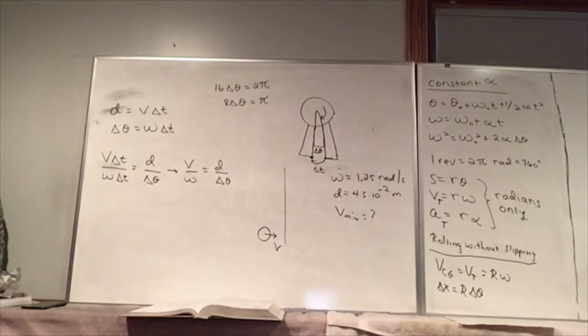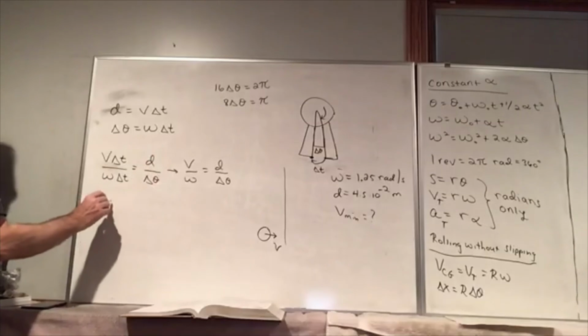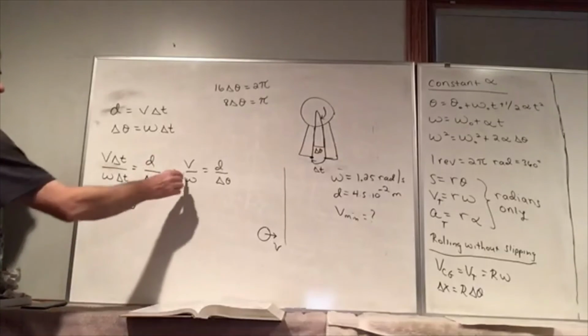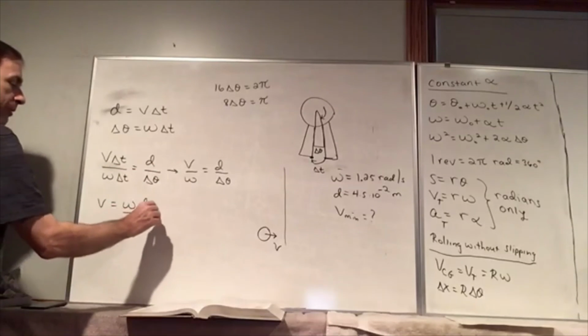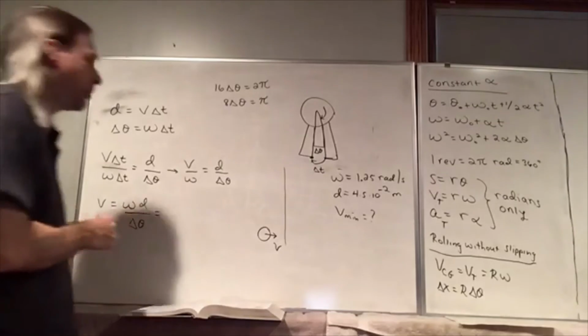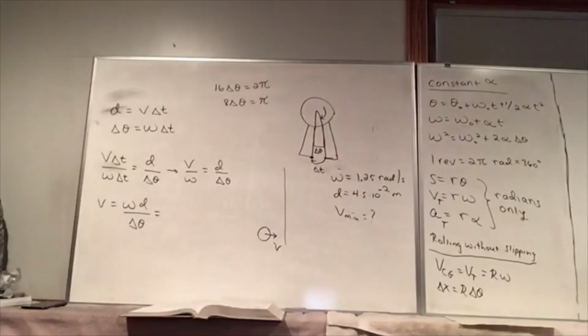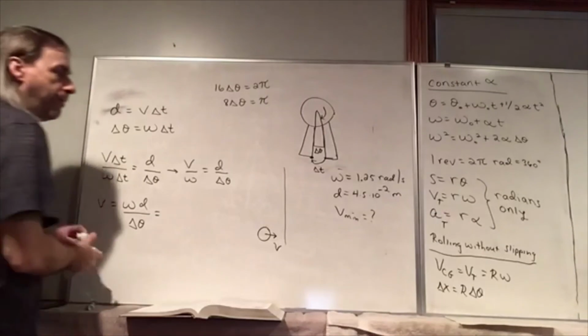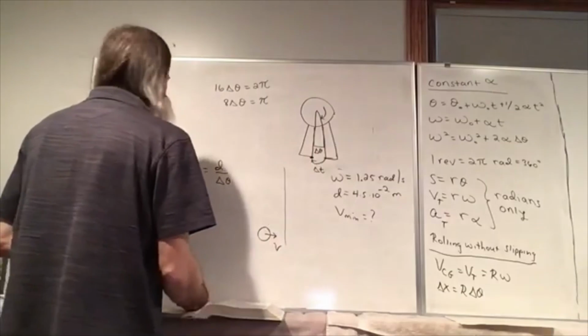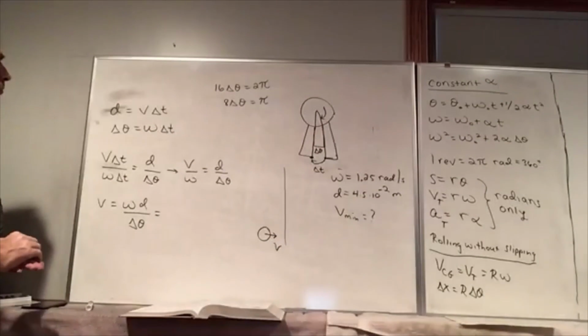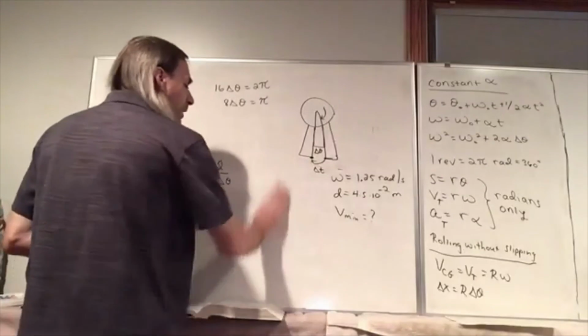And I think we can put all this together now. So the velocity here is omega d over delta theta. Now, I think we might have an extra radian show up that we're going to neglect, because we use v equals r delta theta. So we're just going to neglect that radian.